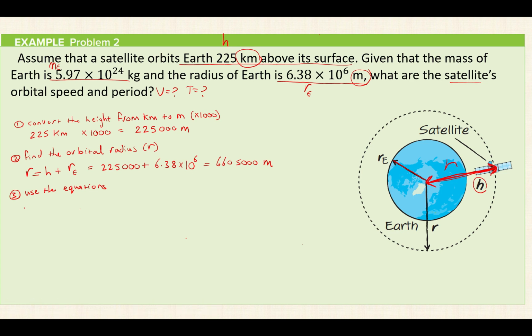Now that we have R, we can use the two equations to find V and T. V equals the square root of G M E over R, the square root of 6.67 times 10 to the power of negative 11. Always write what you need to put in the calculator. Don't go straight to the calculator, even if it takes you time.